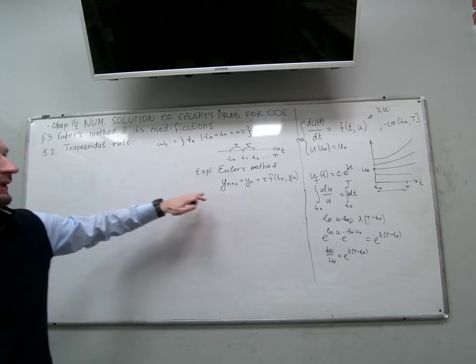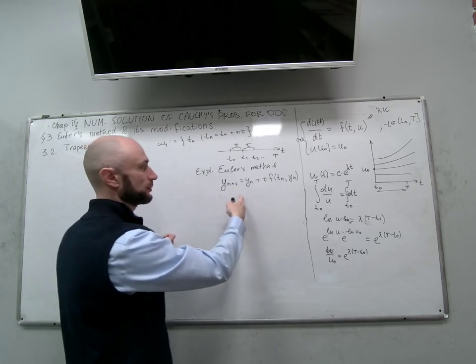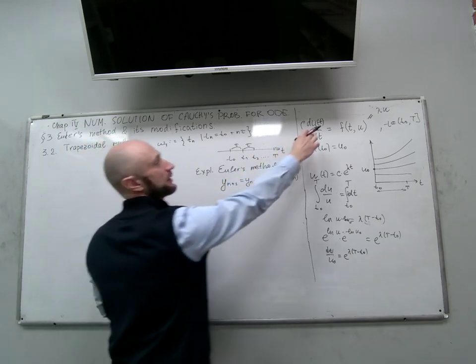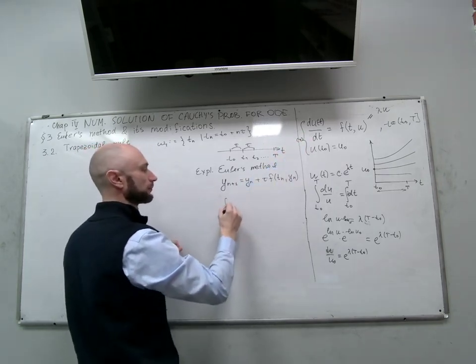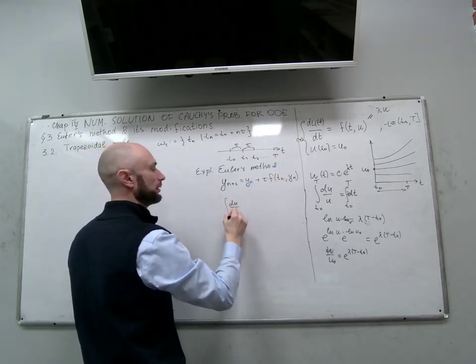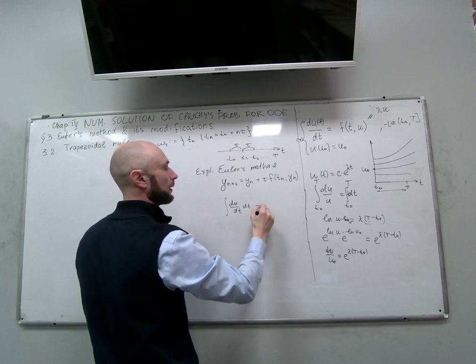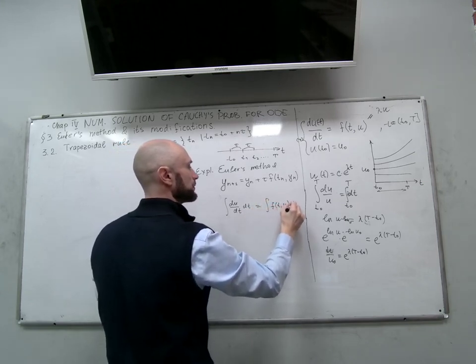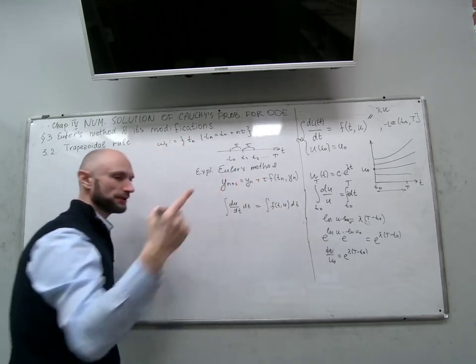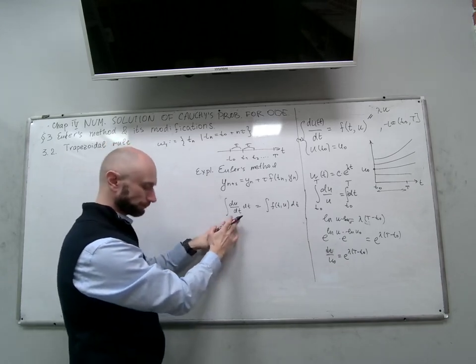How do we obtain that? In order to obtain this equation, we can integrate the original equation, du by dt, over time, and integrate the right hand side as well. So now I'm just repeating the material of the last lecture.